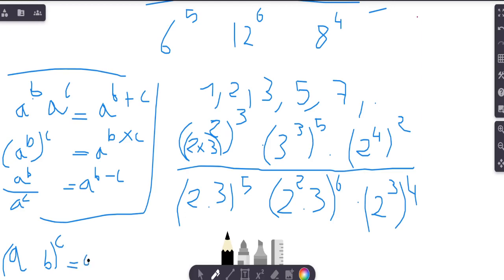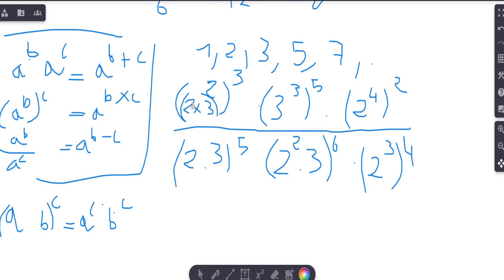So it's a to the c times b to the c. So here we can apply this principle. So we have 2 square times 3 square to the exponent 3.